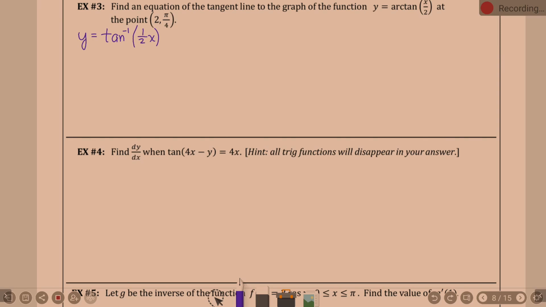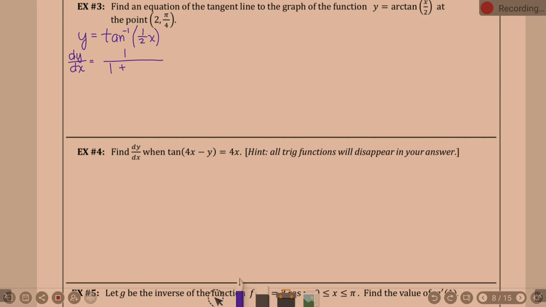Okay, so dy dx, derivative of tan inverse of something. Think plus, right? 1 plus u squared.